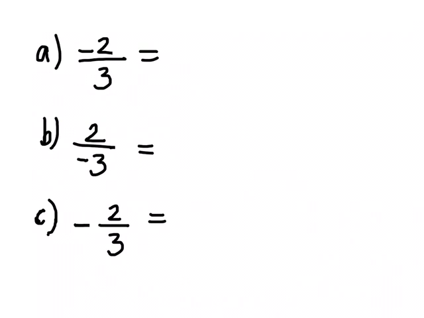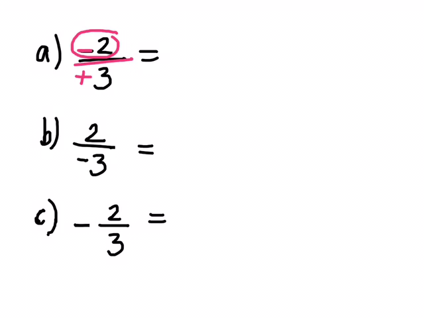So question A says -2/3. I can read this as -2/3. How do we turn a fraction into a decimal? Divide. So in the first one, we're taking -2 because the negative sign is with the numerator, and we're dividing it by a positive, right?